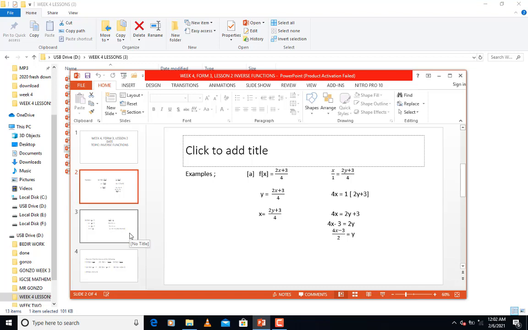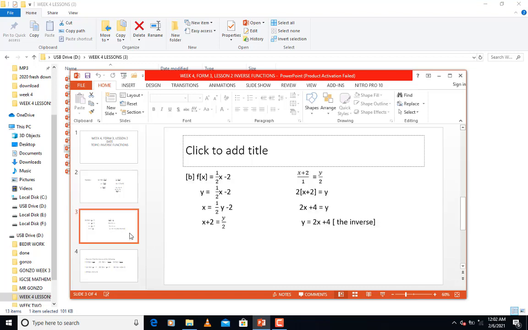Now, let's look at example B. You can see f of x is equals to 1 over 2x minus 2. Step number 1, I've removed the f of x and replaced it with y, so y is equals to 1 over 2x minus 2. Now, interchange x and y. x is here, y is here. I've interchanged them. Now x plus 2 is equals to y over 2.